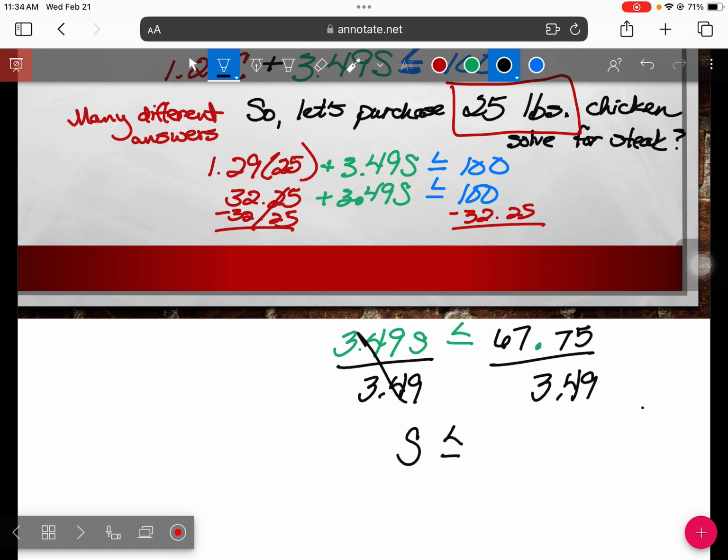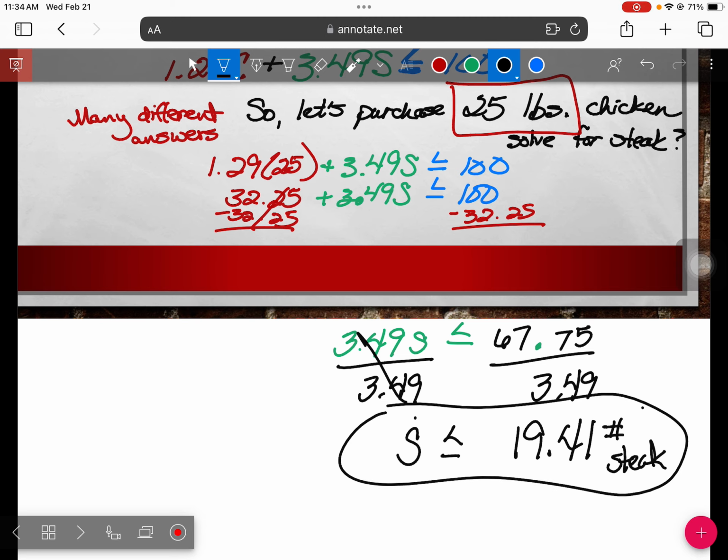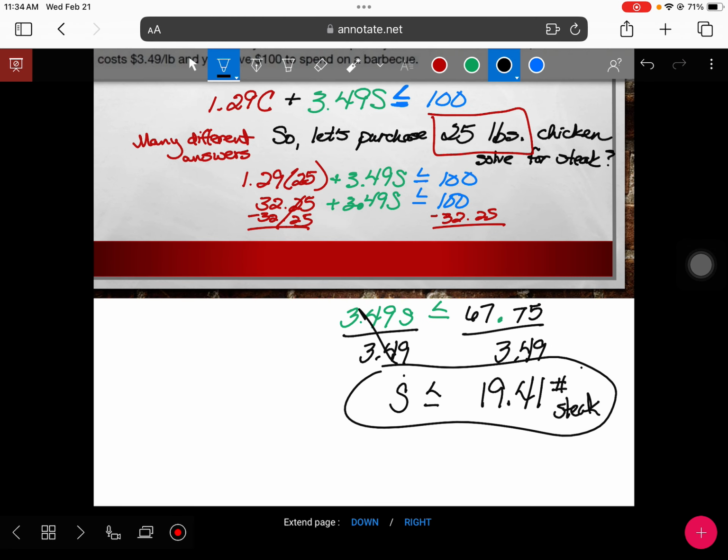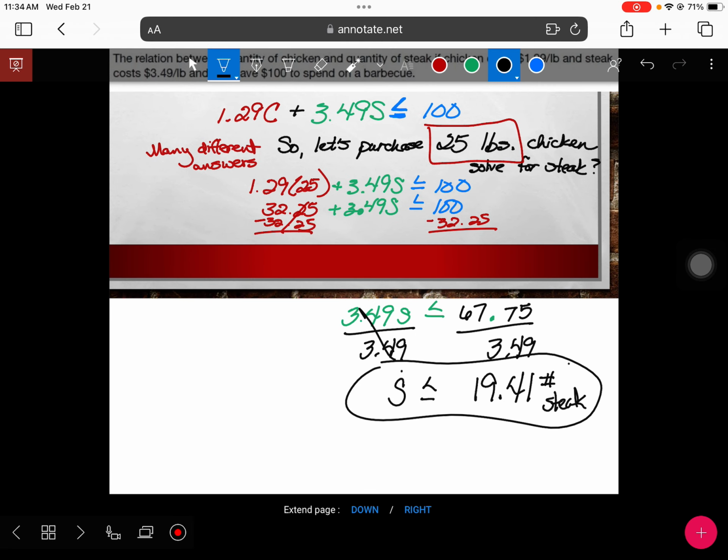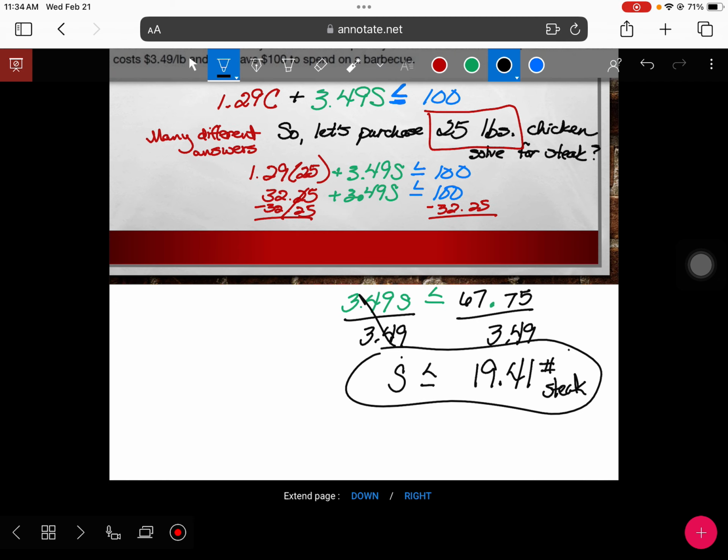And I don't know what this is. S is less than or equal to, what is it? 19.41 pounds of steak. So my question, is this the only correct answer? It is for the 25 pounds of chicken, but again, is this my only correct answer for this inequality? No. So this is one solution, which is 25 pounds of chicken and 19.41 pounds of steak.